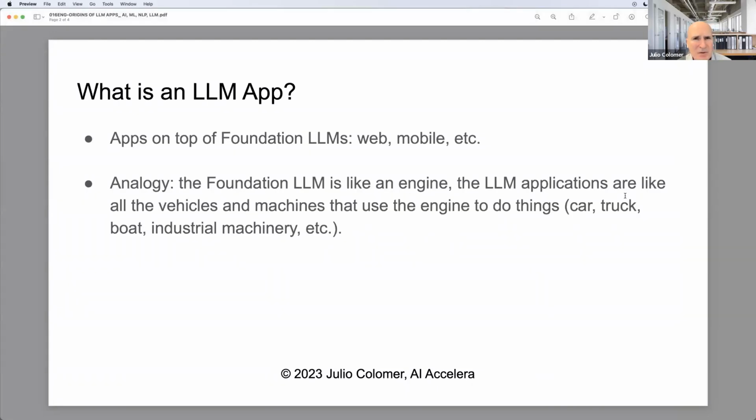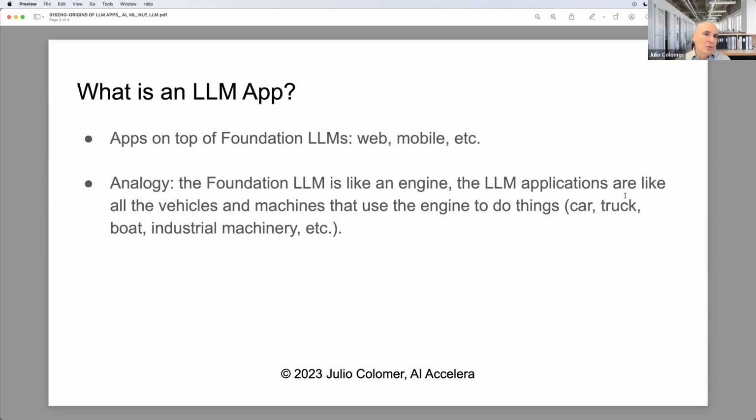Remember, when in a previous chapter we explained what an LLM app is, we told you that you can think of an engine, like the combustion engine. Remember that? The invention of the combustion engine gave place to many other inventions on top of that.